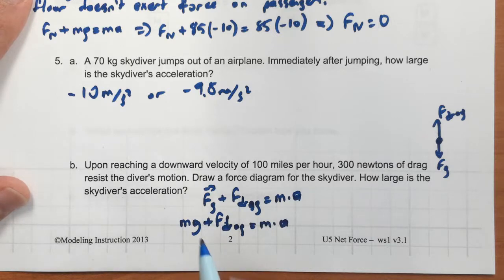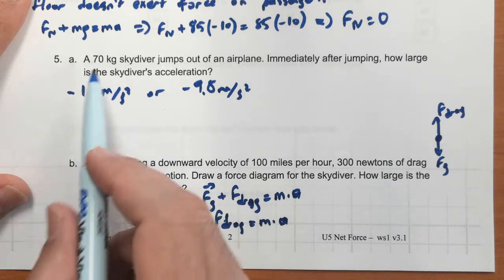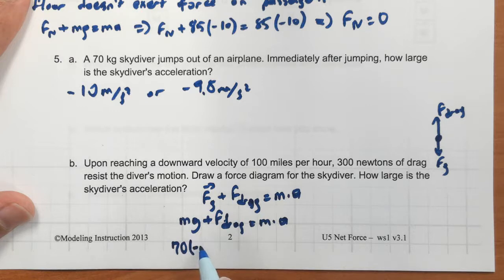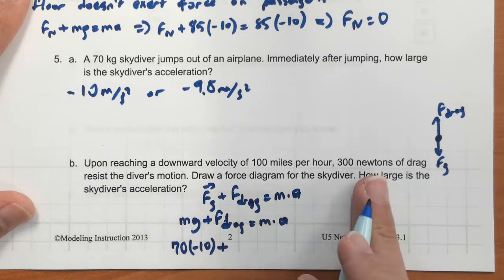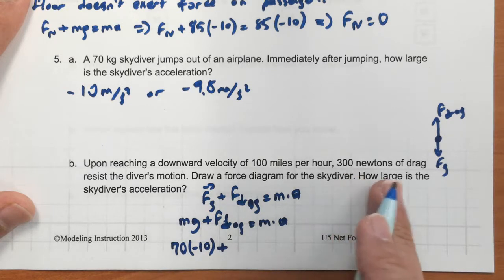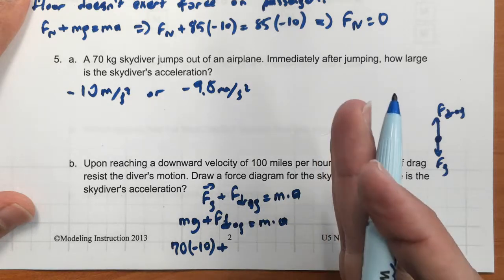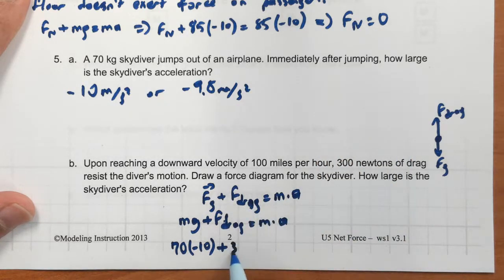So right now let's plug in the numbers. The skydiver's mass is 70, and since I am out of space, I'm not going to put the unit. Gravitational acceleration is negative 10, plus force of drag is 300 Newton. It's going to be up because it resists the motion. Up is positive, that's why 300 Newton.